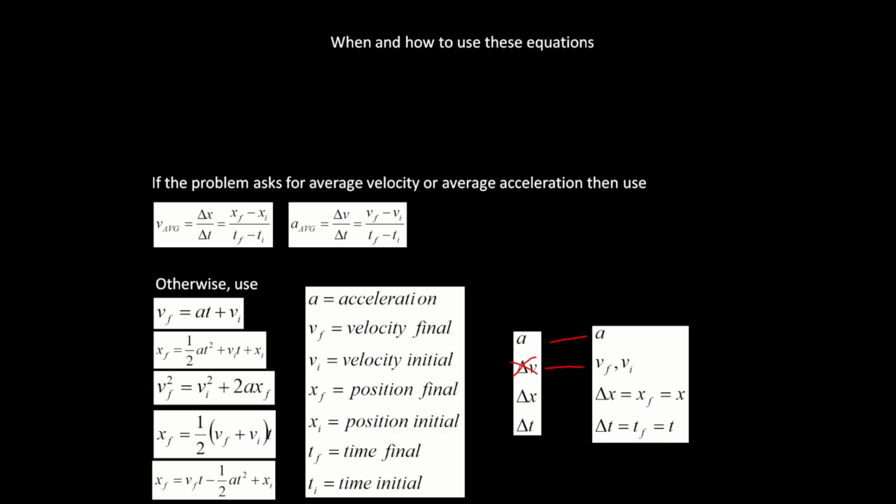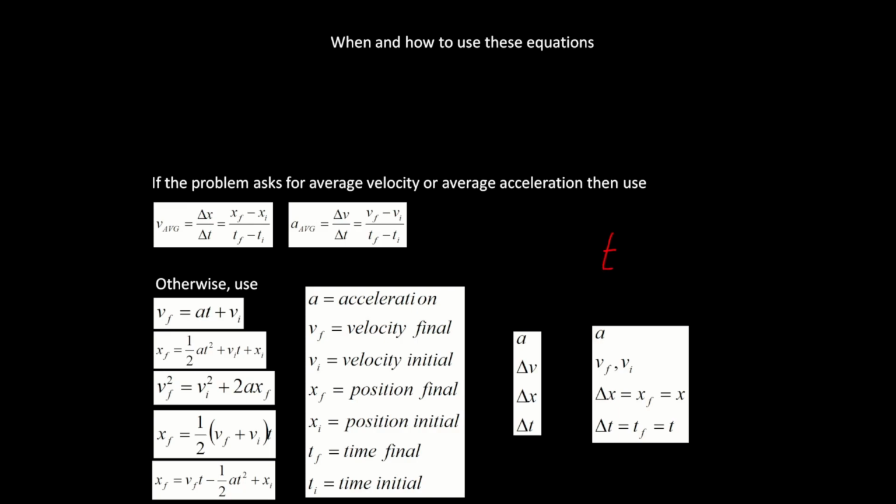In the homework, it's also very common to have the initial position to be 0. So when we do final minus initial, and if initial is 0, then all we're left with is x final. And then a common tradition is to just drop the f. And so we get just x. And so just x is commonly used then for our position. And the same is true for time.